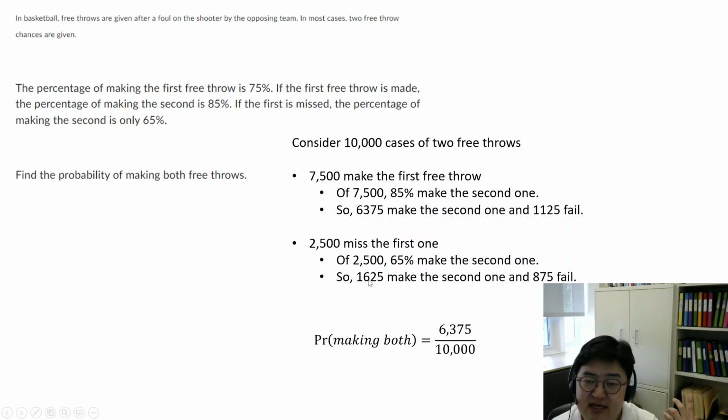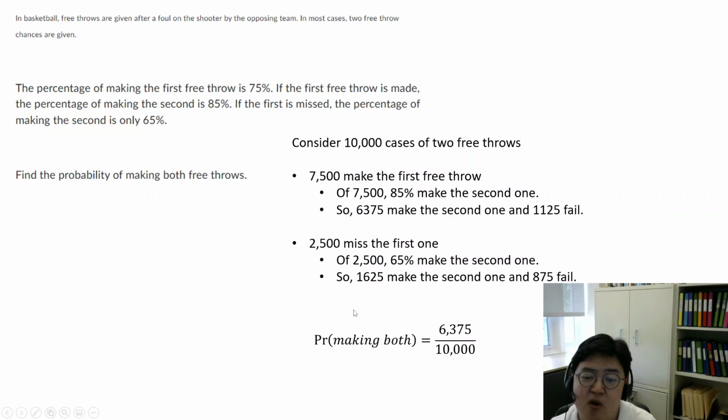So that is 1,625 make the second one after the failure of the first one. But in 875 cases, both free throws are missed, right?